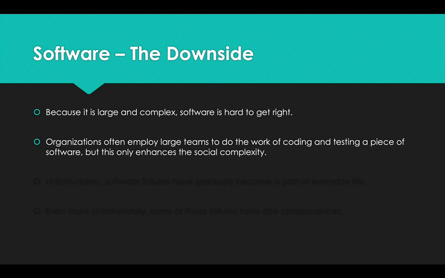So the other problem is that we've talked about the sociological issues around software development, but all of those social issues of working in a team make not only the process of building software difficult, but also the process of utilizing software difficult.